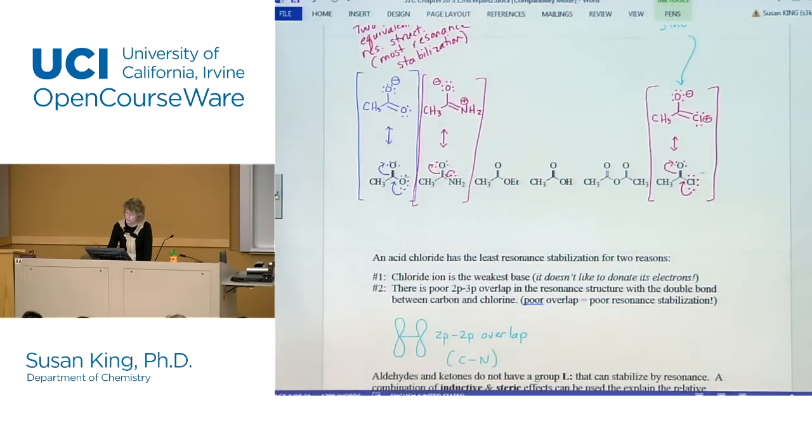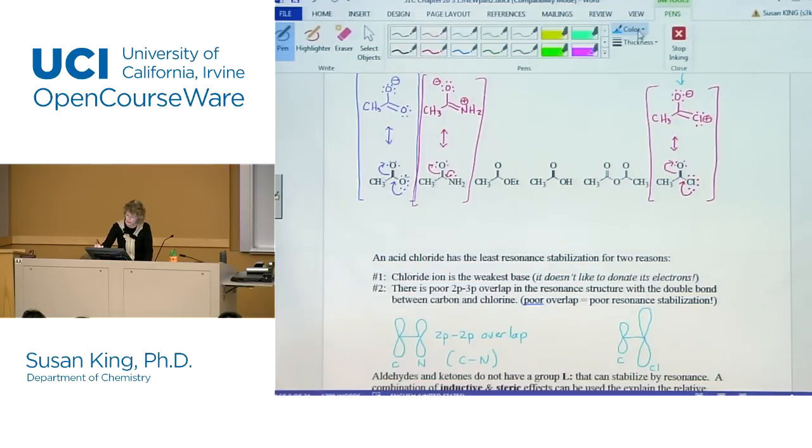When we have a chlorine and an oxygen, a chlorine and a carbon, we have a mismatch in the size. So here's 2p, and then we have 3p. This is much larger. So here's our carbon, and here's our chlorine. Over here, this would be a carbon and our nitrogen. Here's our carbon, and that's our chlorine.